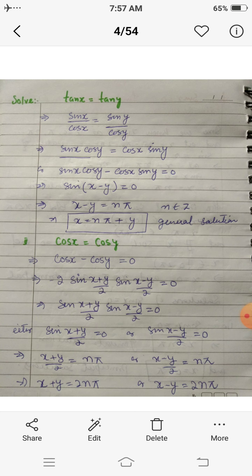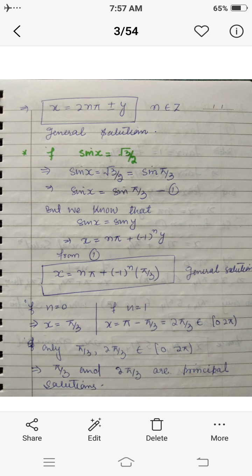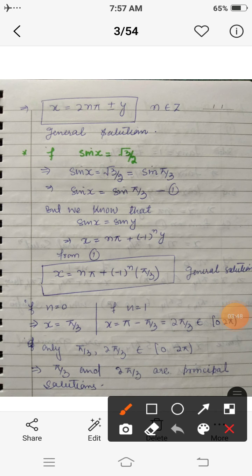So we can simply say that x equals 2n pi, with y either positive or negative. So x equals 2n pi plus or minus y, where n is an integer. So this is the required solution for this equation. That is, when cos x is cos y, x equals 2n pi plus or minus y, where n is an integer. So this is the general solution.